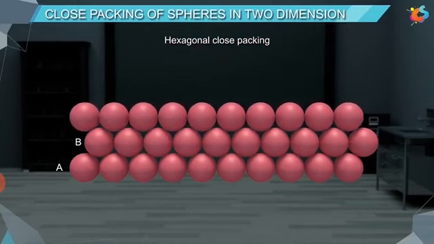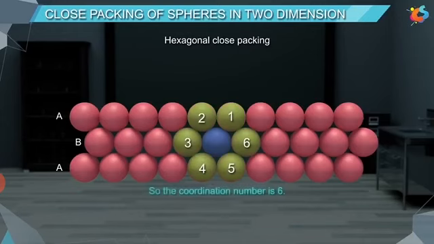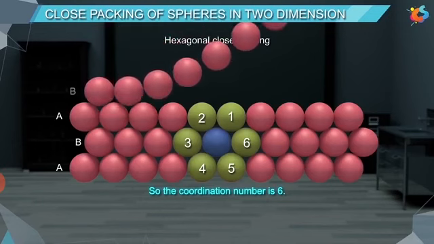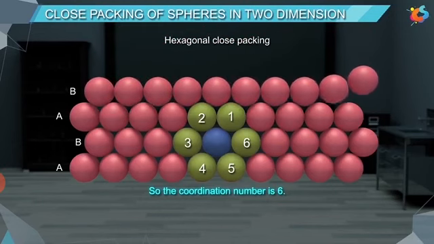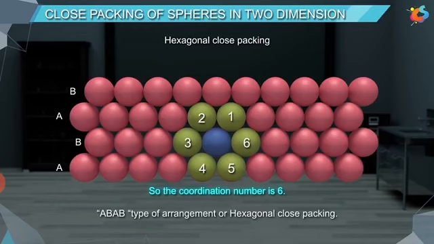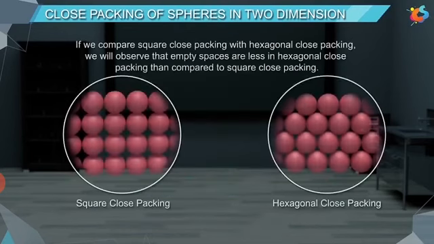When the third layer is placed above the second layer, it is exactly the replica of the first layer. The coordination number in such a packing is 6, and hence it gets its name hexagonal close packing. When the fourth layer is stacked over the third layer, it is the replica of the second layer, and hence it is also called AB type of arrangement or hexagonal close packing.